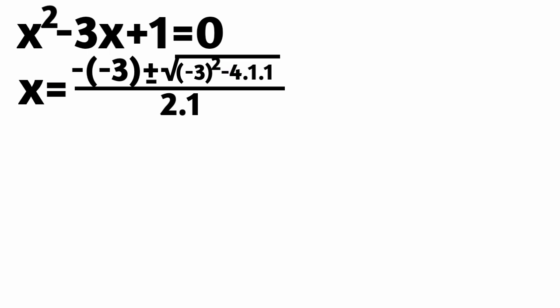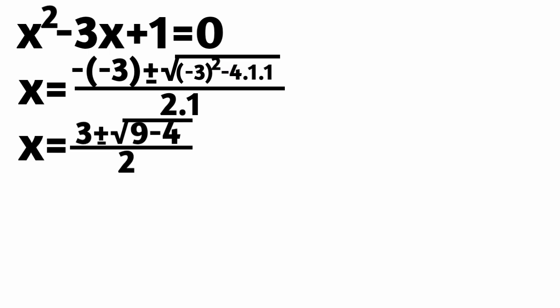Here in this quadratic equation, the values of a, b and c are 1, minus 3 and 1 respectively. So putting these values in the quadratic formula, we find x equal to minus of minus 3 plus minus under root minus 3 square minus 4 into 1 divided by 2 into 1.